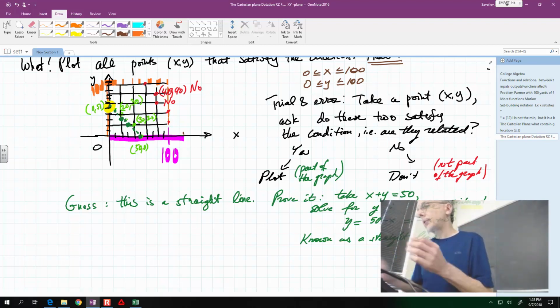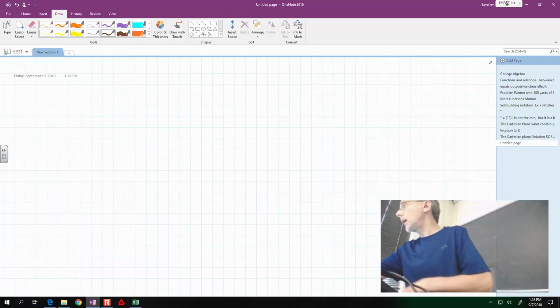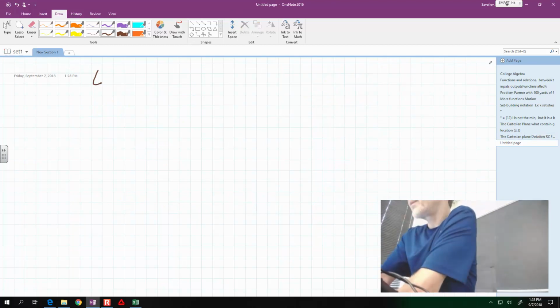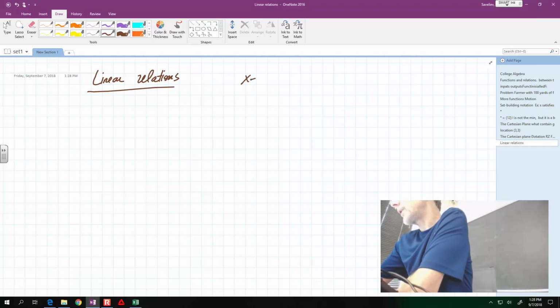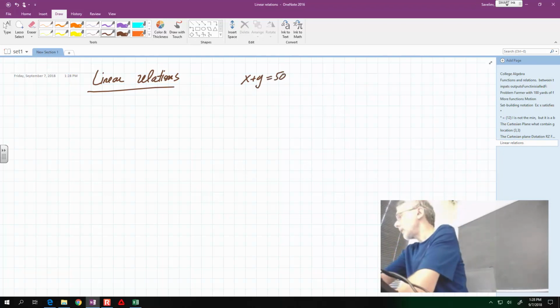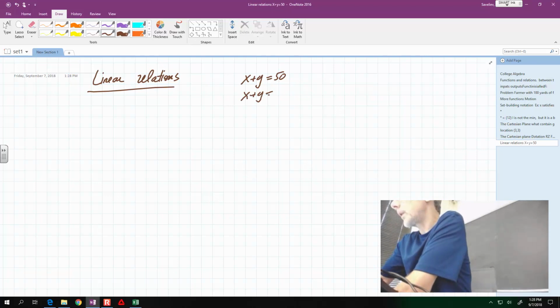So let's look at it more generally. Now we turn to algebra and look at all possible linear relations. Once again, x plus y is equal to 50, and then certainly x plus y is equal to 1, and 2x minus y is equal to 3.